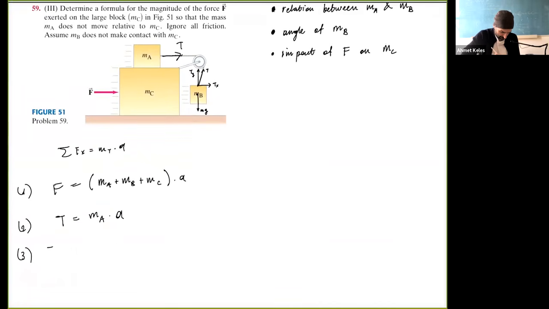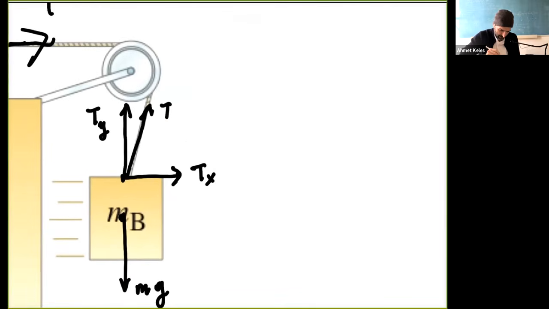First one, Fy is equal to 0 because there is no motion here. And this one gives me T, okay, what is Ty? I want to call an angle, let's call this theta. And Ty is T times cosine theta.